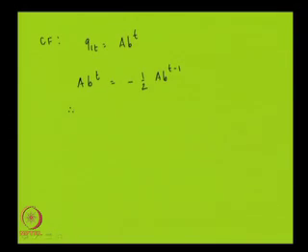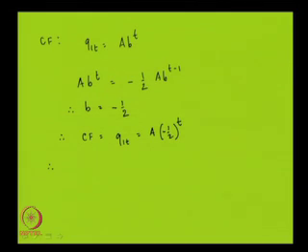So, from here what I get is b is equal to minus half, because I can divide both sides by A b^(t-1). Therefore, CF is equal to q1(t) is equal to (minus half)^t.